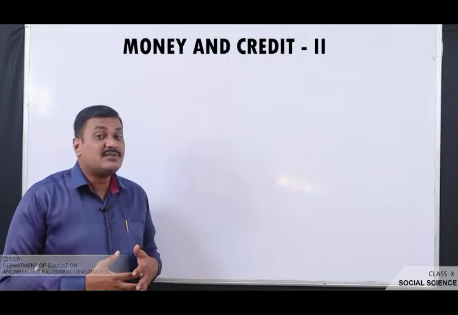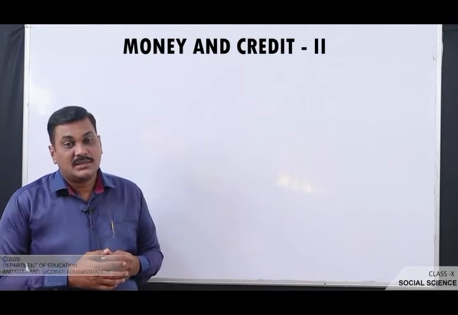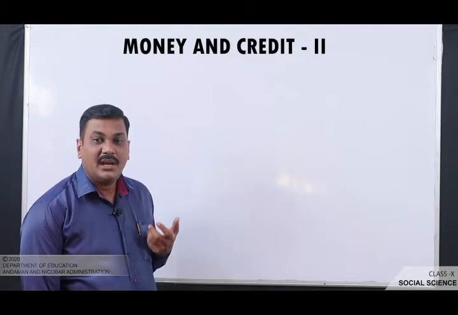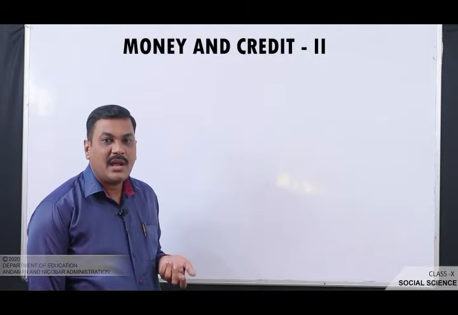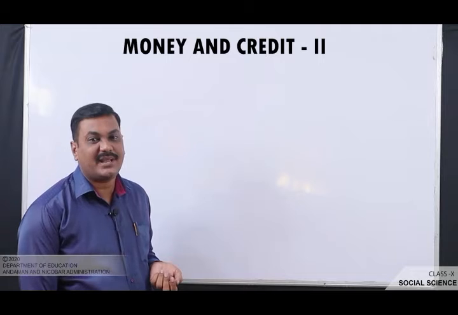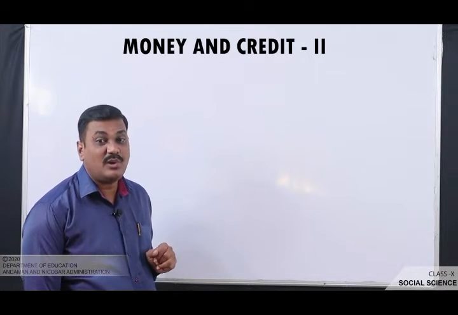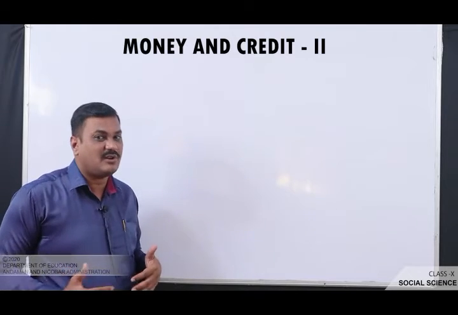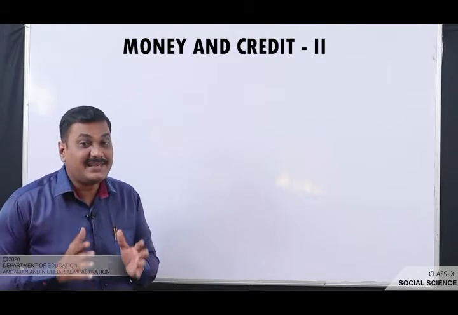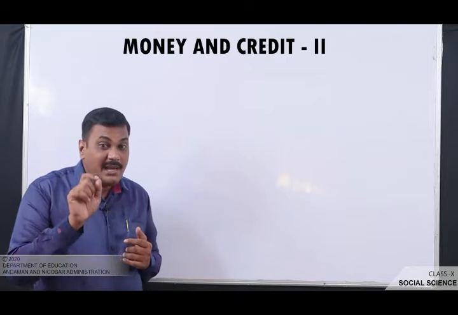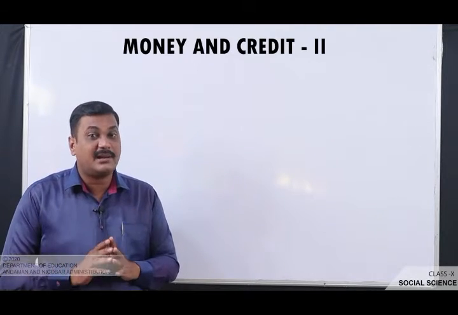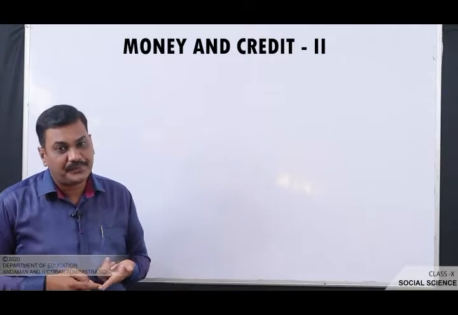So what are the advantages of formal source of credit? As we have seen, low rate of interest, and they can adopt a judicious policy to recover the loan. Grants loans only for productive purposes. So now see, what are the limitations of the formal sector? The limitations are: grants only secured loans, so people without proper collateral cannot borrow.